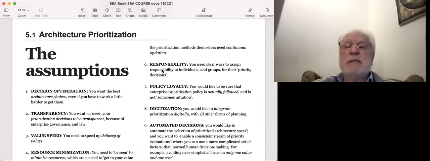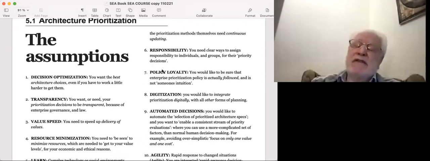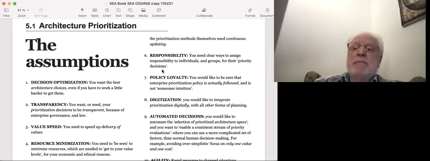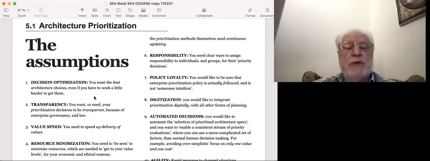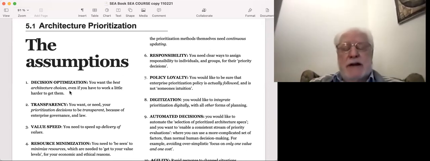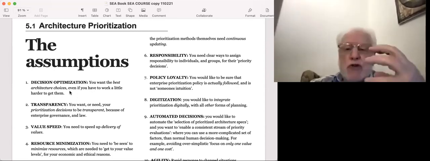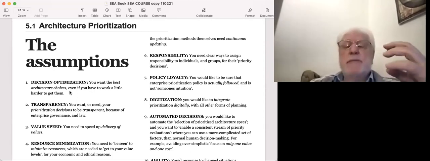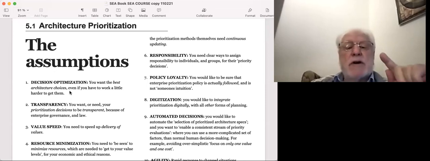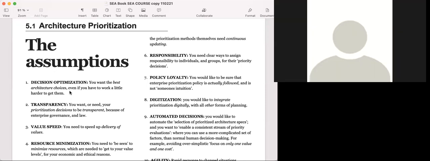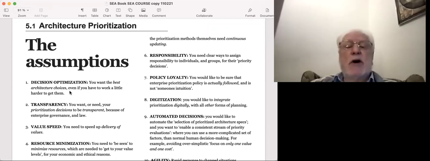Now I'm making some assumptions, and if an assumption isn't true, maybe this method isn't for you. Number one, you would want to take the best architecture choices, both in the short term and in the long term, even if you have to work a little bit harder to get them. If you just set some fixed weights and go with them, there's no hard work; you won't have to reevaluate your priorities at each step.